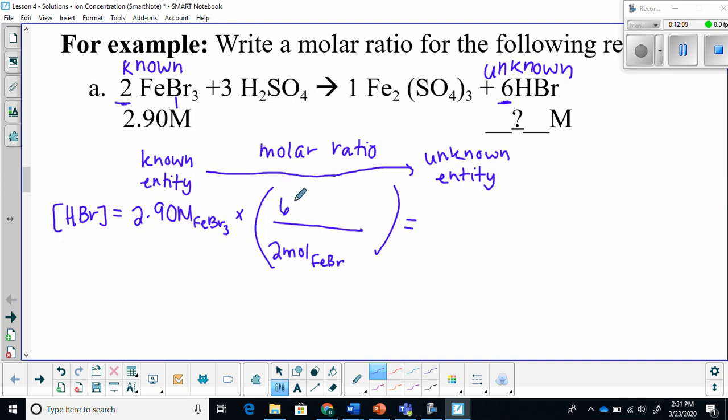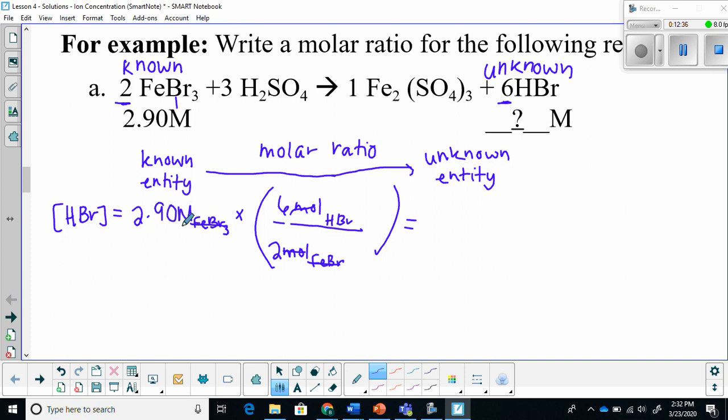So 6 moles of HBr. Let's do some canceling out. Iron 3 bromide cancels out with iron 3 bromide. Moles cancels out with moles.